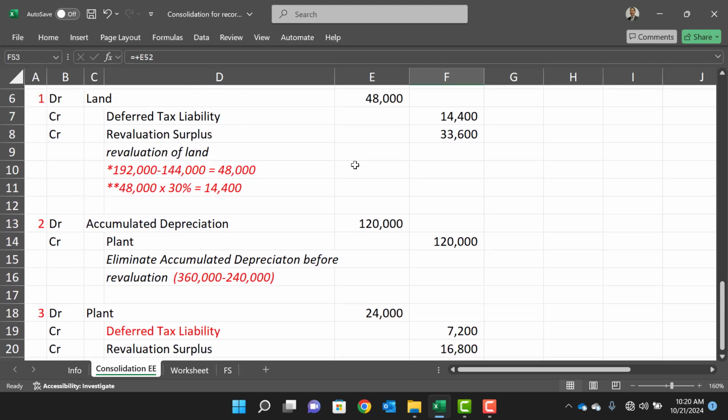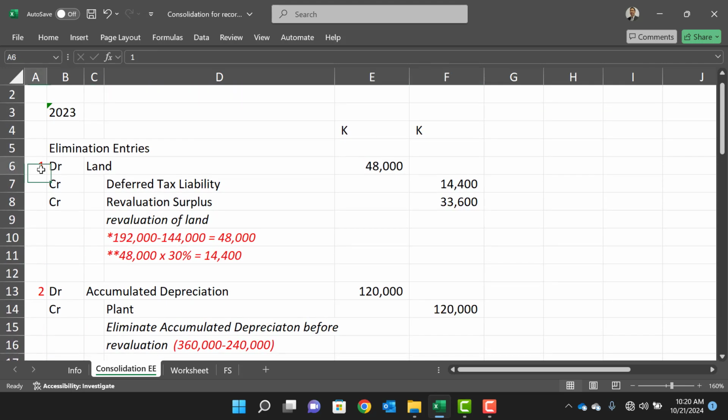Now, if you go through this, you can see again the numbers that I've placed here. That's only for us to be guided on posting.